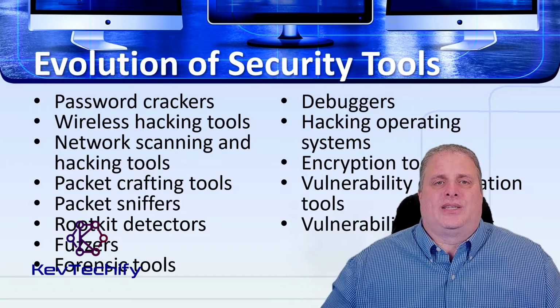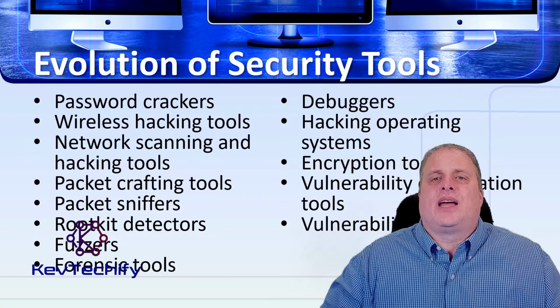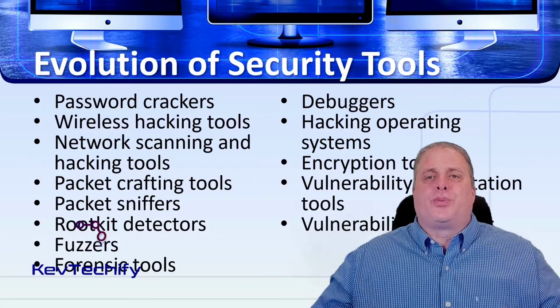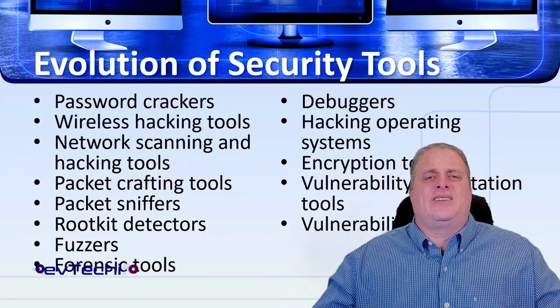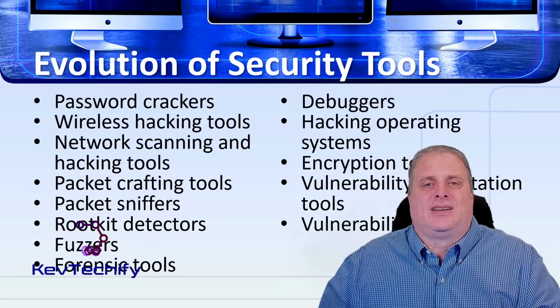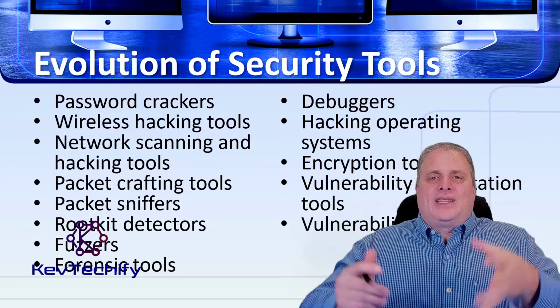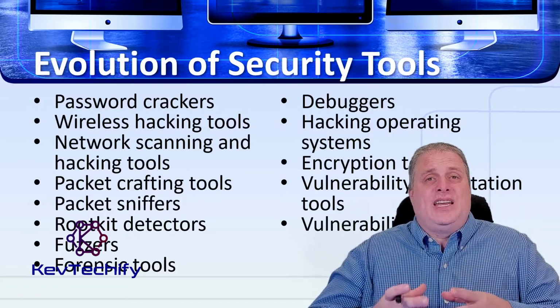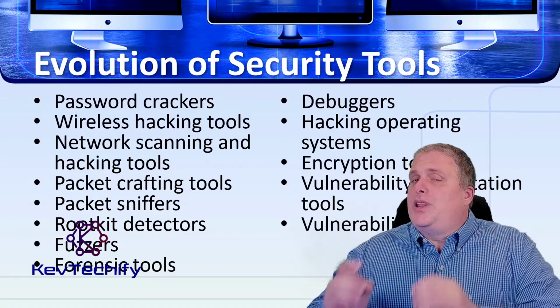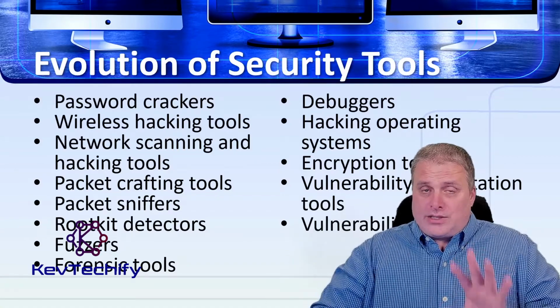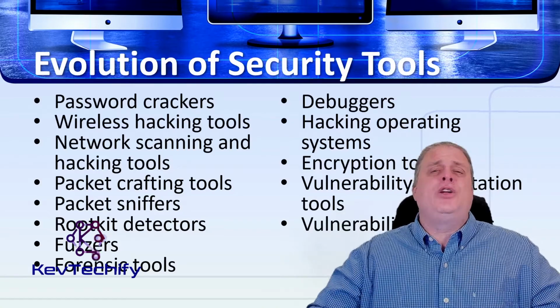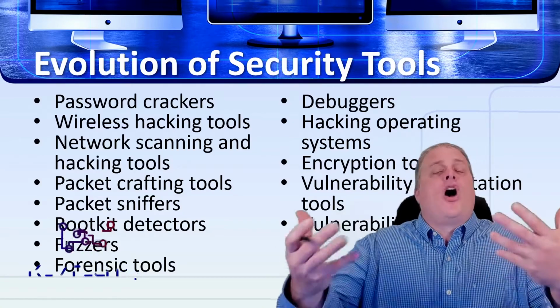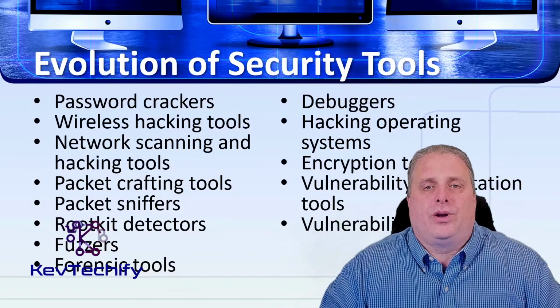Hacking operating systems are specifically designed operating systems preloaded with the tools and technologies optimized for hacking. A lot of times they come on a live CD. You boot to that CD, you boot to that USB drive. You don't touch the files on your hard drive, but now you're in a hacking operating system that has all of these tools pre-installed for you.